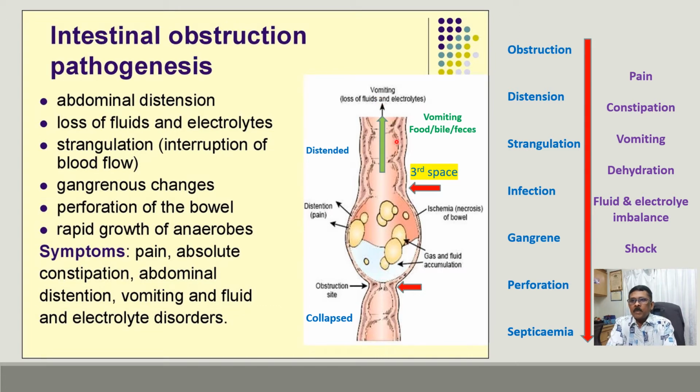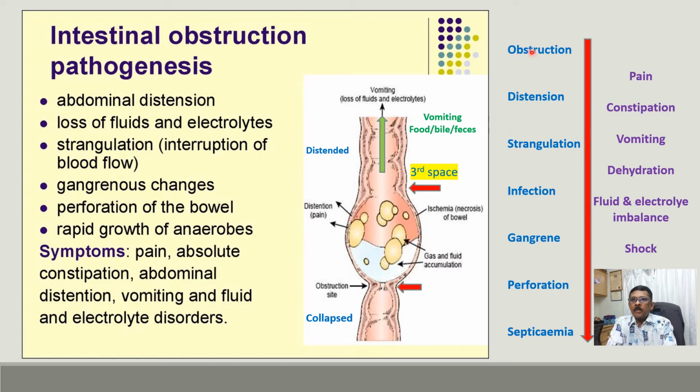In the early stages, the vomitus consists of food particles or gastric contents. Later it becomes bile stained, and if the obstruction continues, it may even become feculent, that means containing fecal matter.